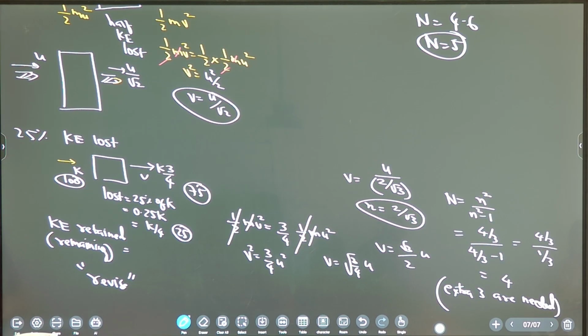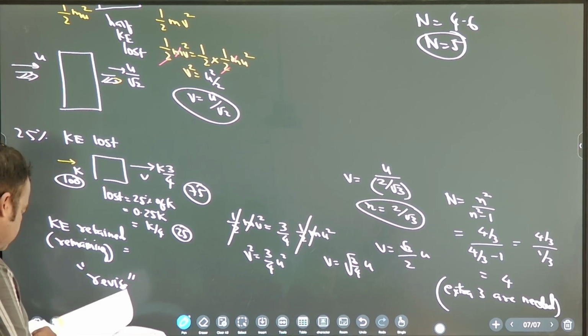But this is also collision. I will just give you page number and question number, then you can do it in homework.